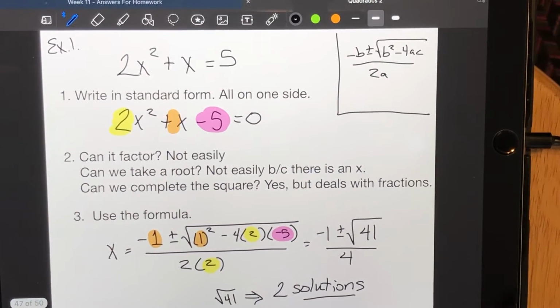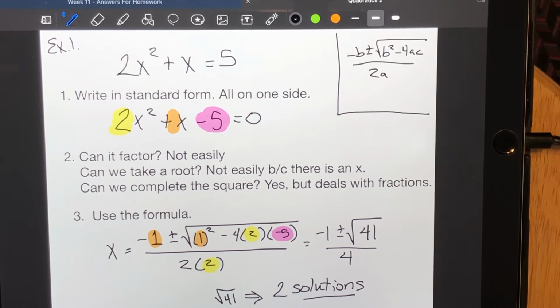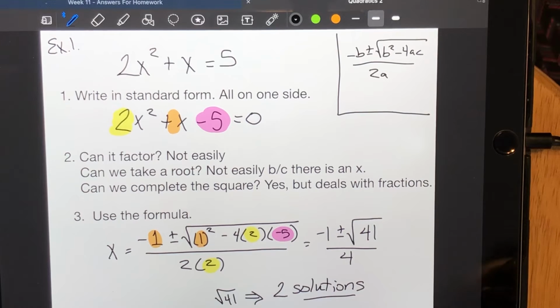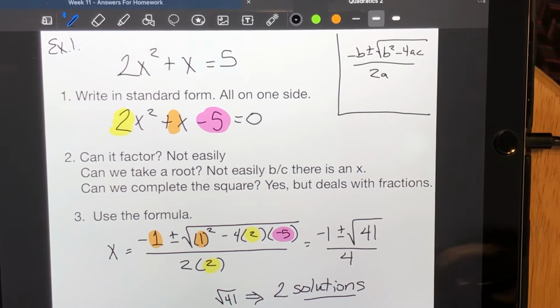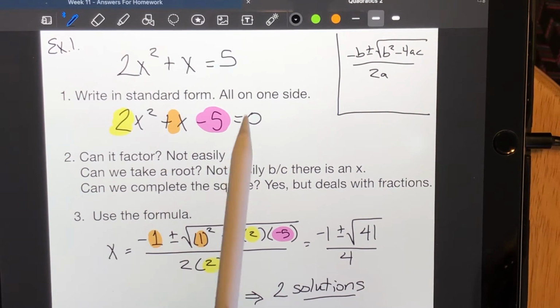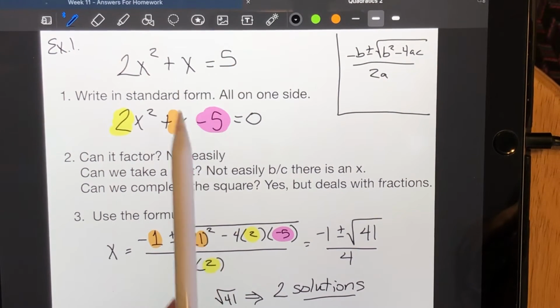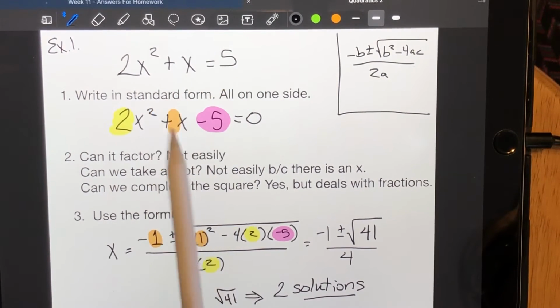Okay, so let's just, for the quadratic equation, simply plug and play. We ask ourselves questions to figure out if we want to use it, and then we identify our values, and then we simply plug them in. I've got 2x squared plus x equals 5. The very first problem is that everything is not on the same side, so I'm going to move my 5 over, which means I've subtracted it from both sides.